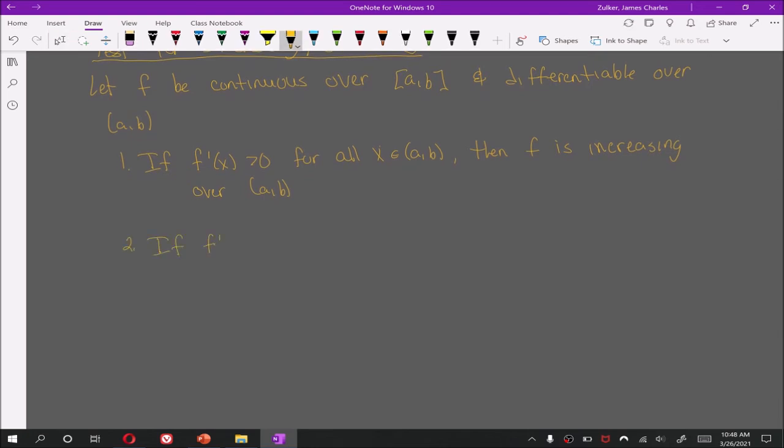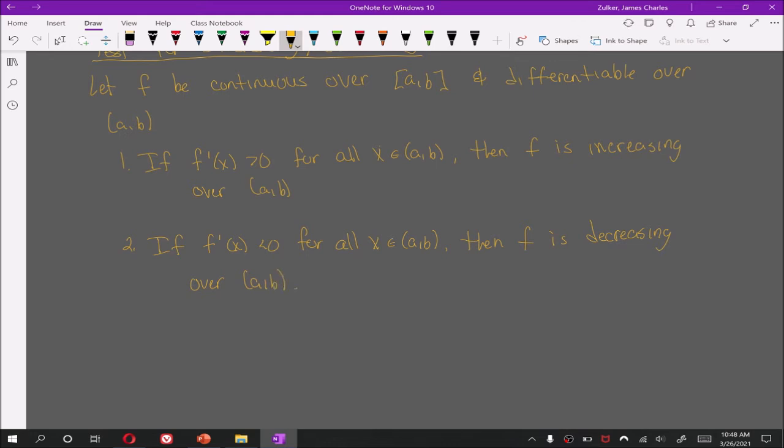Likewise, if f prime of x is less than 0 for all x in that interval a to b, then f is decreasing over a to b.